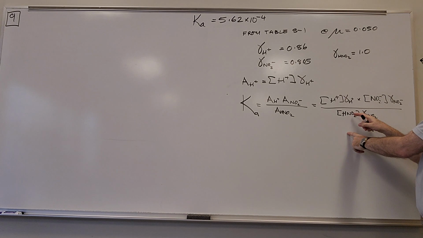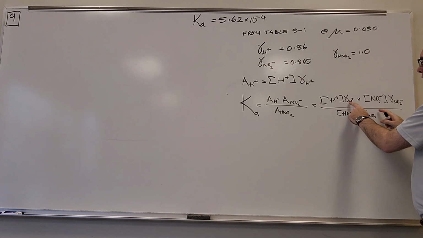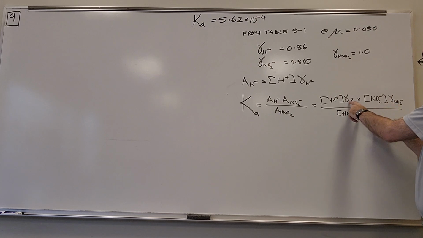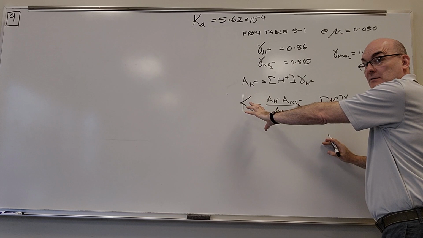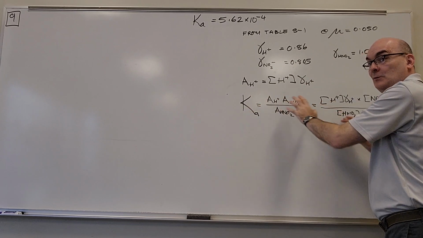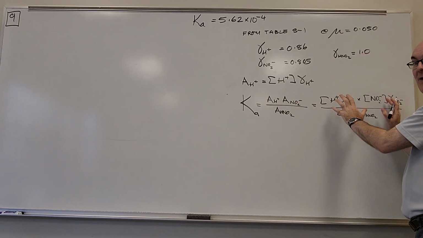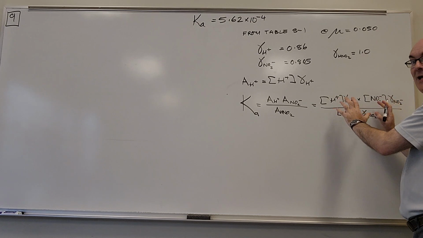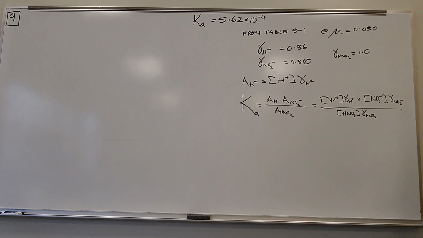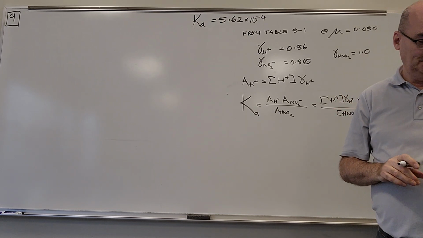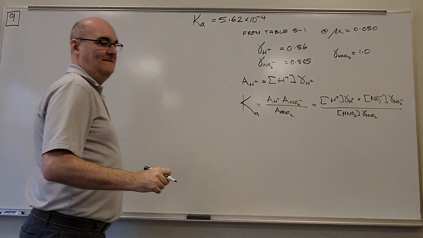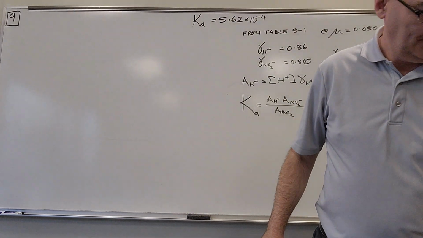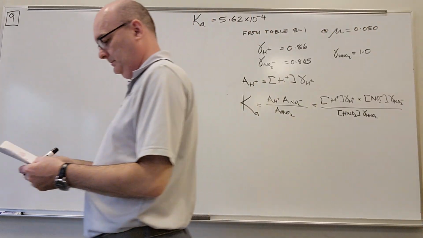Our new Ka, the original Ka, with these factors attached to it. Oh, that's nice. Wait, can you cancel out the concentration since they're all 0.4? No, because you don't know them.